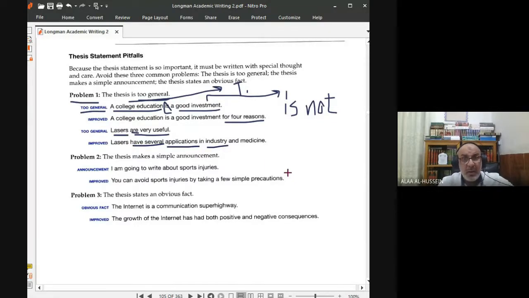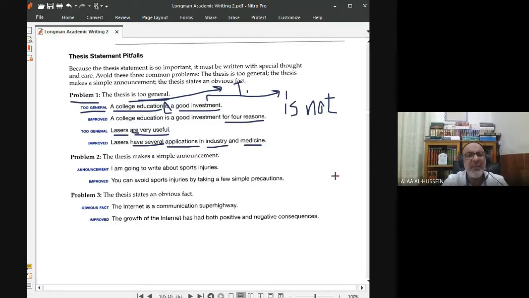We can use the application of lasers in industry, and the other field is what? Medicine. So we have two fields where we can use lasers: in industry and in medicine. So we have a better specific idea. So it becomes a good thesis sentence.